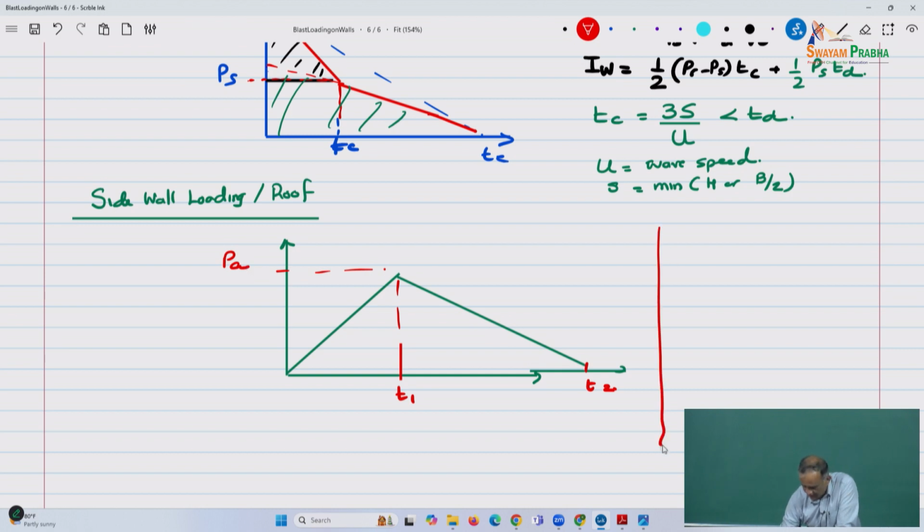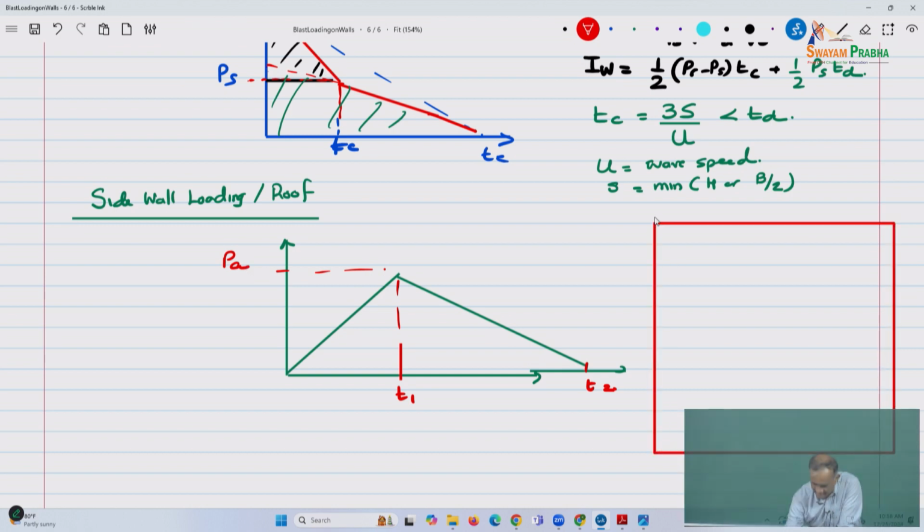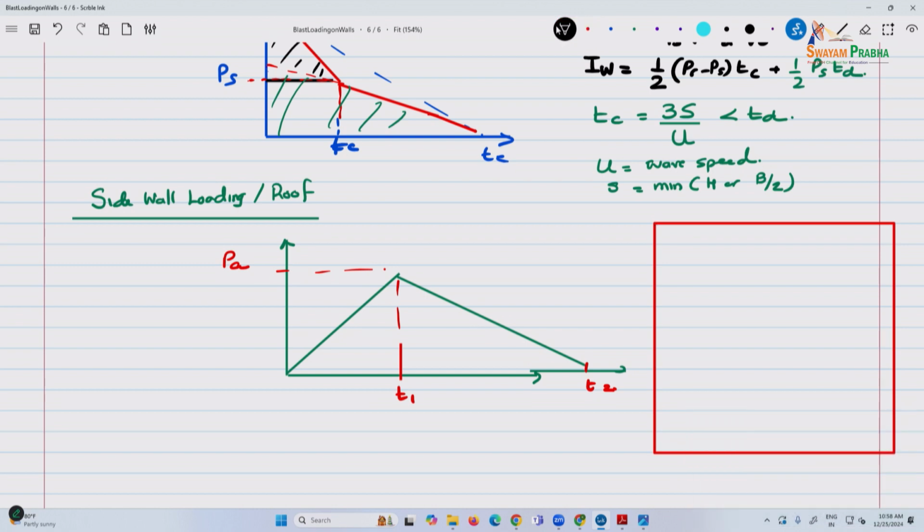So the equations corresponding to the side walls are PA is CE multiplied by PSO plus CD multiplied by Q naught. And as I've seen, CE you can take from the UFC 340.